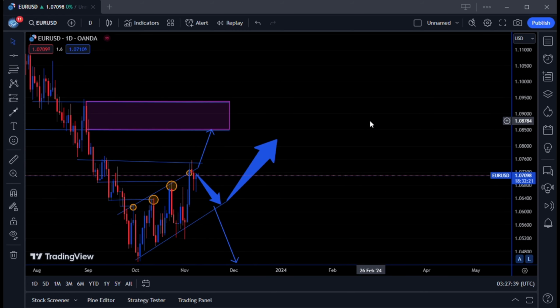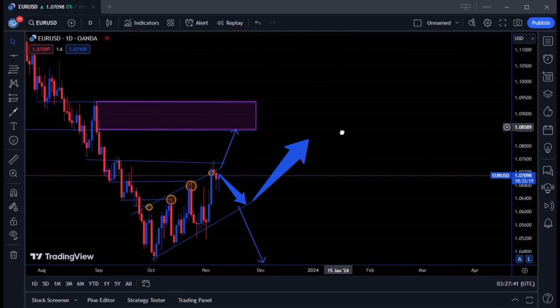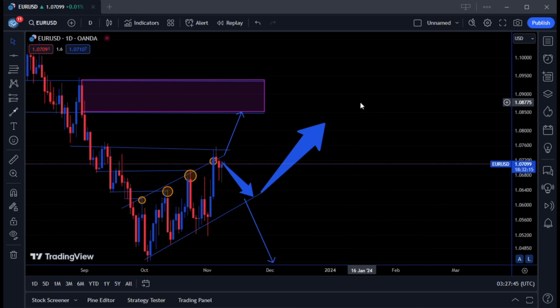Let's get back to this. The essence of this illustration is for you to note one important thing.